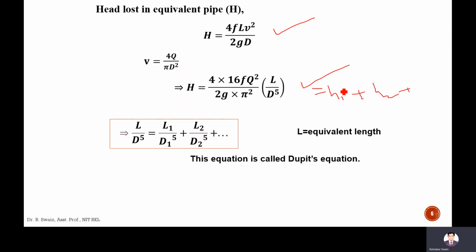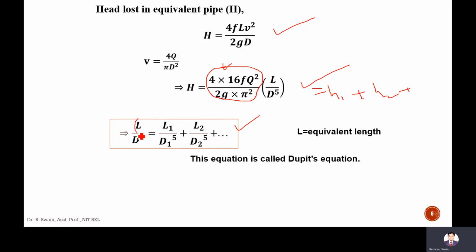HL like this. So it will be a summation for all the pipes. This term is common, 16 f Q square by 2g pi square, because Q is constant, f you assume constant, and g you know is constant. So this constant value will cancel on both sides. So L by D fifth will be equal to L1 by D1 fifth plus L2 by D2 fifth, like this.